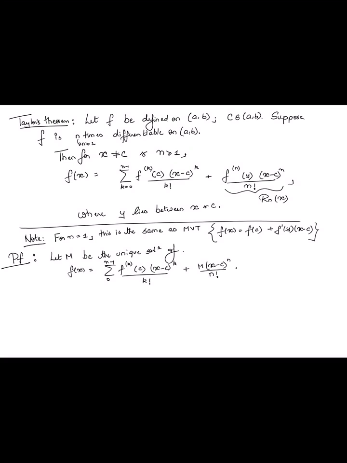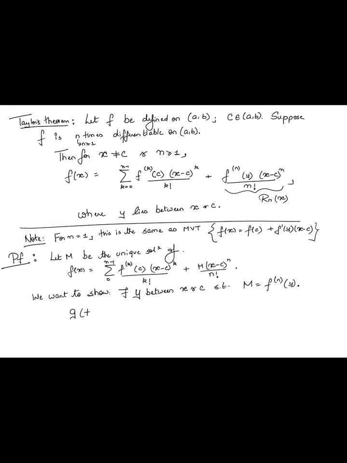So we want to show that there exists a y between x and c such that M is equal to the nth derivative of f at y. Okay, so this is what we want to do. In order to do this, we are going to define this new function g as follows.